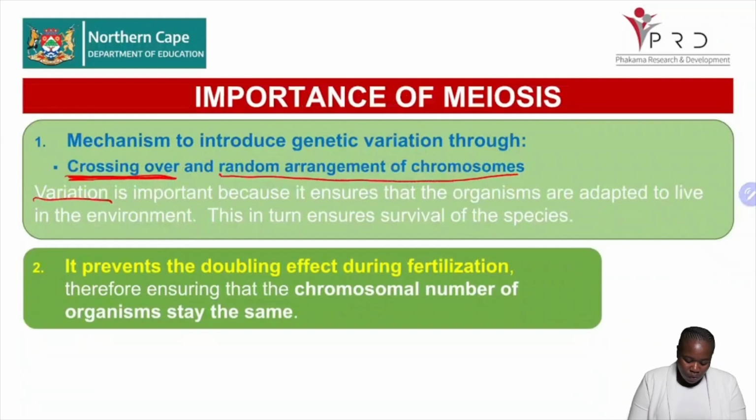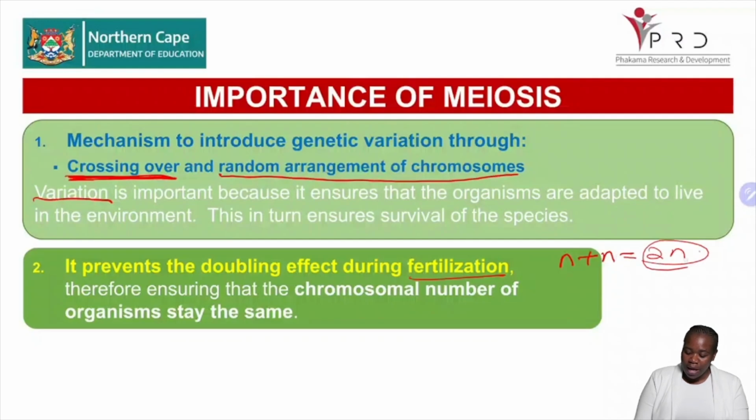And then secondly, meiosis prevents the doubling effect of fertilization. Remember, when fertilization happens, we have N plus N, which gives us 2N. Now, if this 2N does not undergo meiosis to become N, because remember, meiosis halves the number of chromosomes, then we will have 2N plus 2N, which will give us 4N. This is the doubling effect.